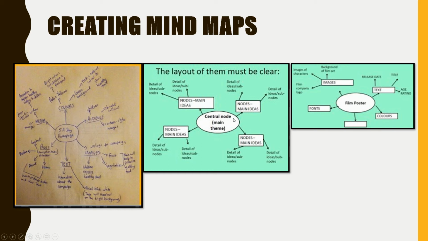The middle one is another example, and the one on the right is again a different example of a mind map which they need to be able to create in the examination.